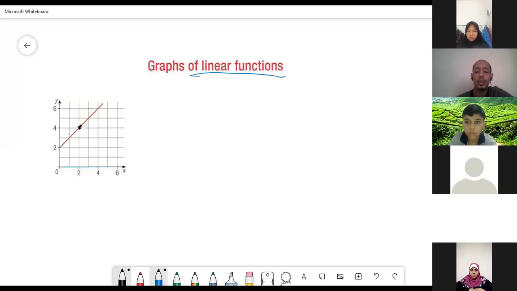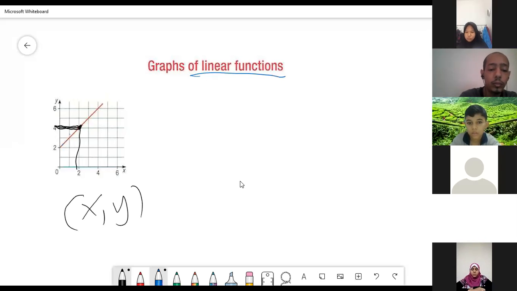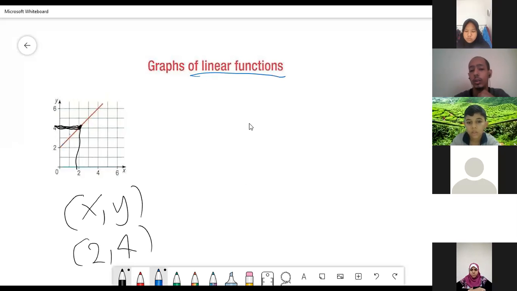Coordinates means the x and y of that point. In x, 2, and in y, 4, okay? Always when we define the coordinates for a point, we start with x, then y, okay? So here we can say this point has the coordinates 2 and 4, okay?